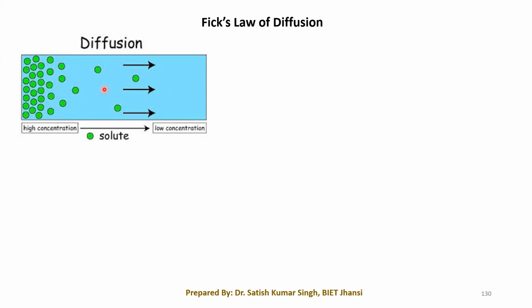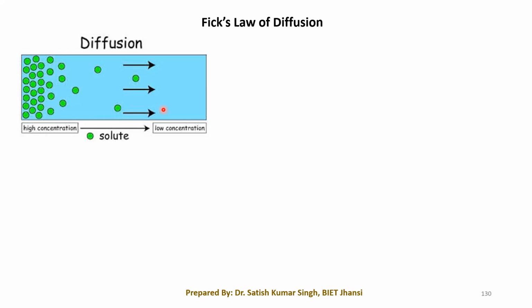It will be uniformly distributed, and after that no further diffusion can take place. It also depends on the environmental conditions: if we are talking about the diffusion of dopant materials into silicon, it will depend on the temperature also. So that way our diffusion is taking place.